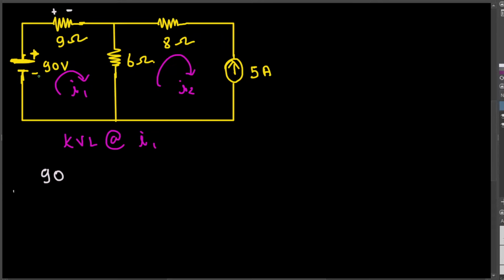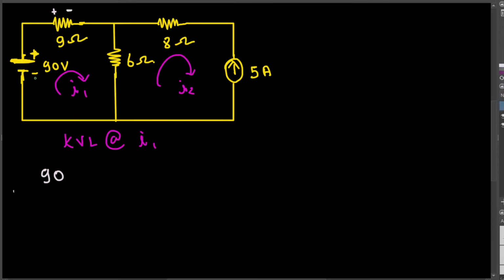Let's say you are taking minus to plus as negative, then you have to always take plus to minus as positive, right? So you have to keep up with the signs. If you keep up with the signs, you are going to get the right answer both ways. That's the only thing you have to be careful about.